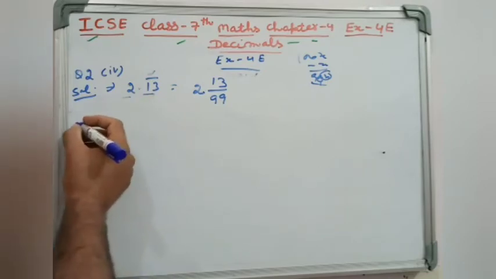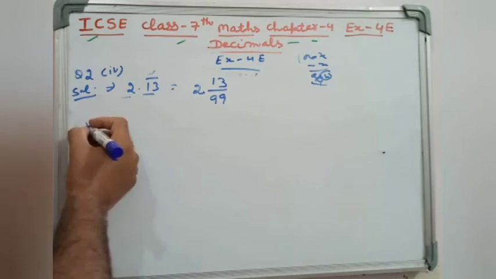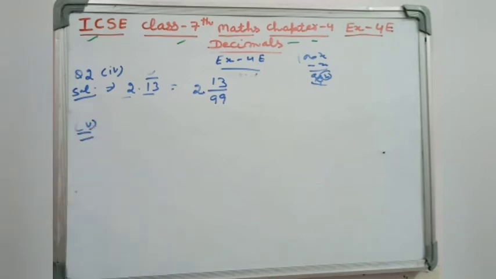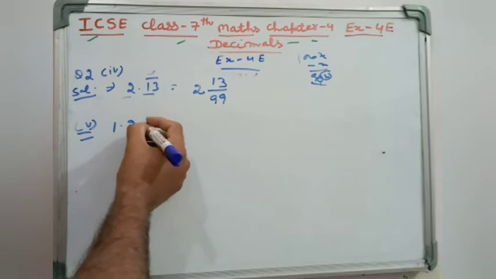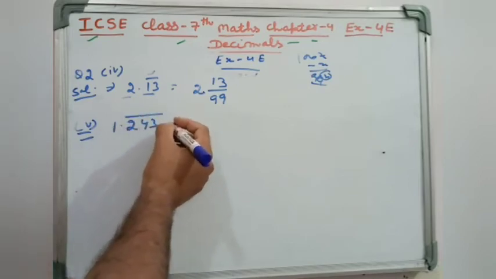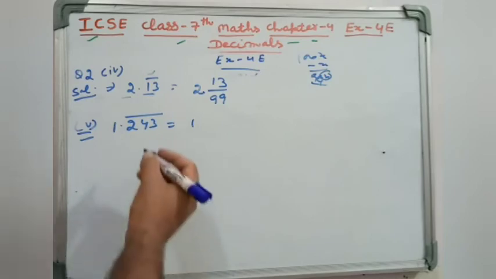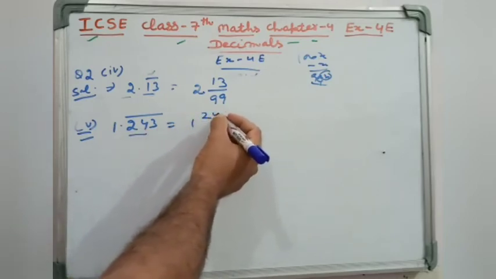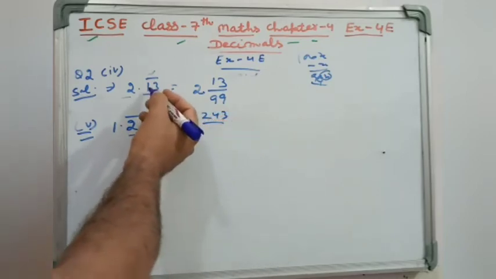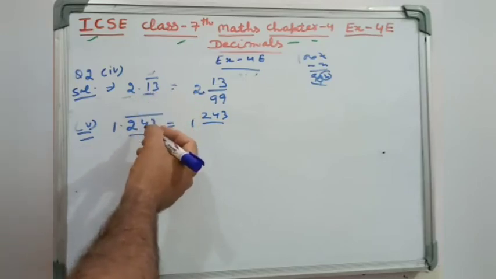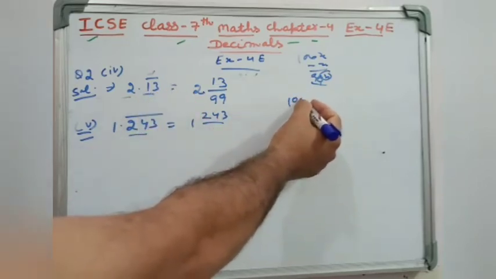In a similar way, if we do part 5 of the second question, 1.243 bar, right? 1 will be here, the decimal part, the repeating part, will be here. Now, as we have used 100 here, we will use 1000 here.